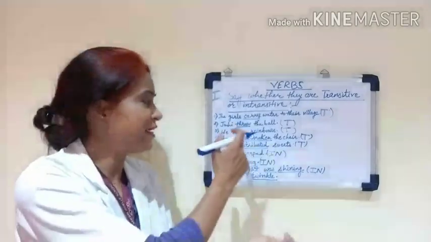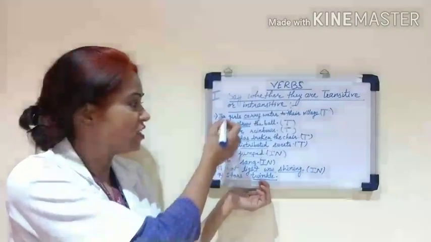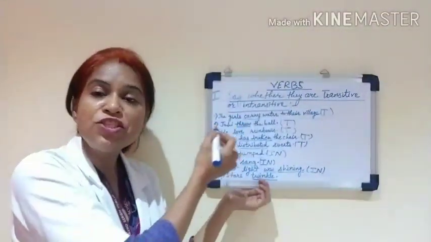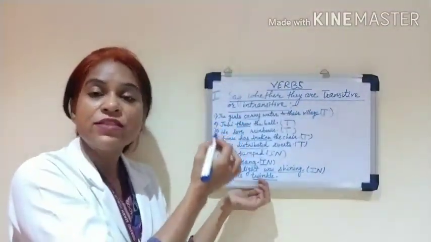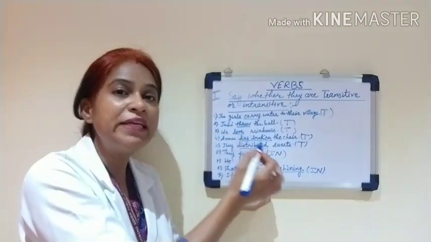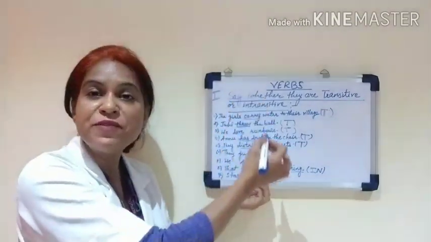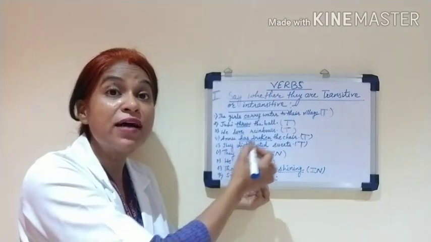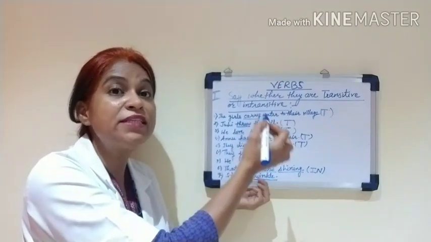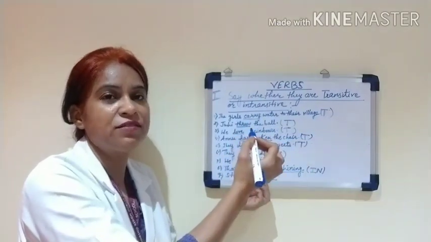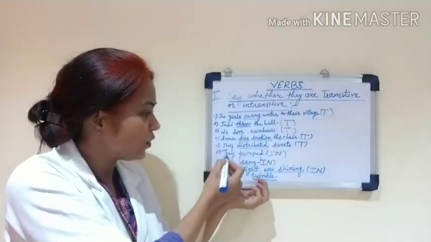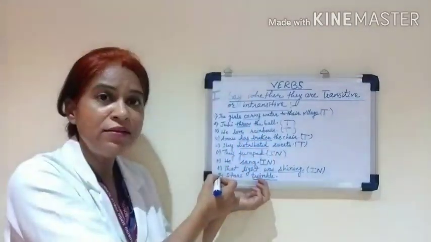Each and every sentence till here, till number 5, has an object that completes the verb's action; the verb demands an object to complete its action. Now look here, 6 to 9.